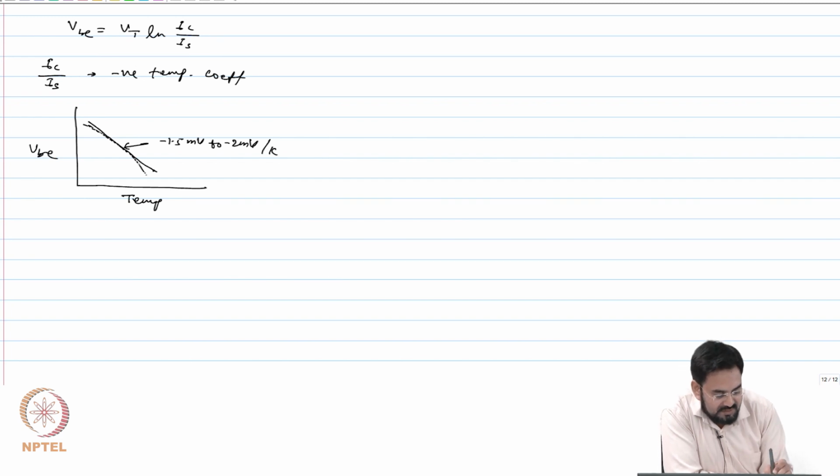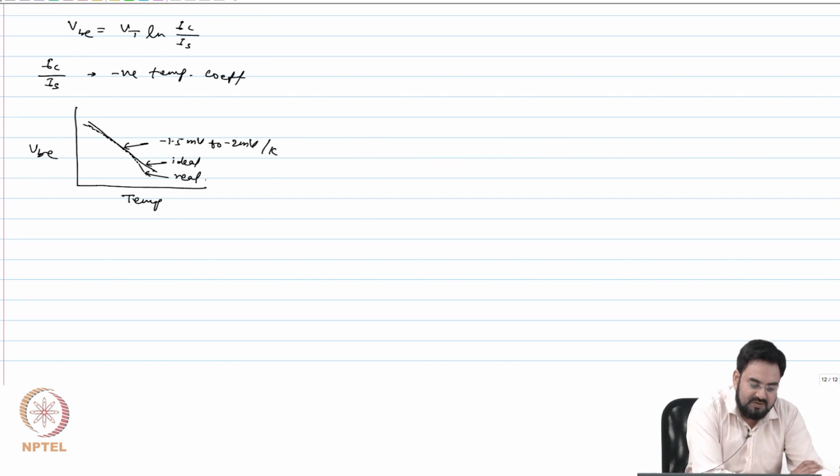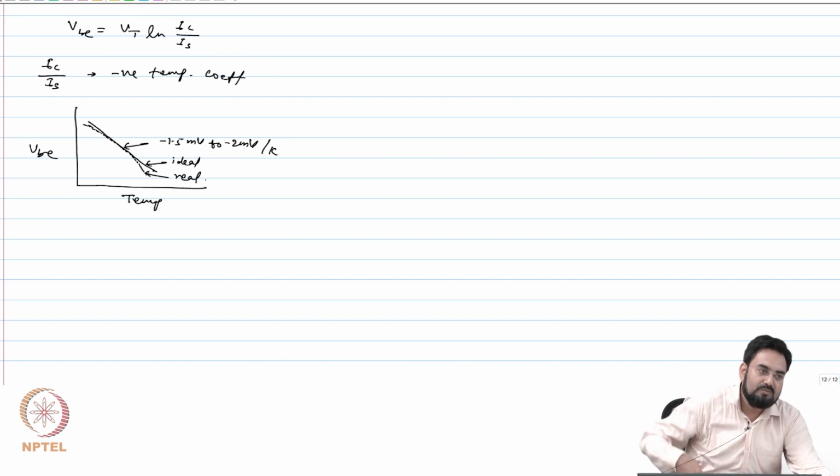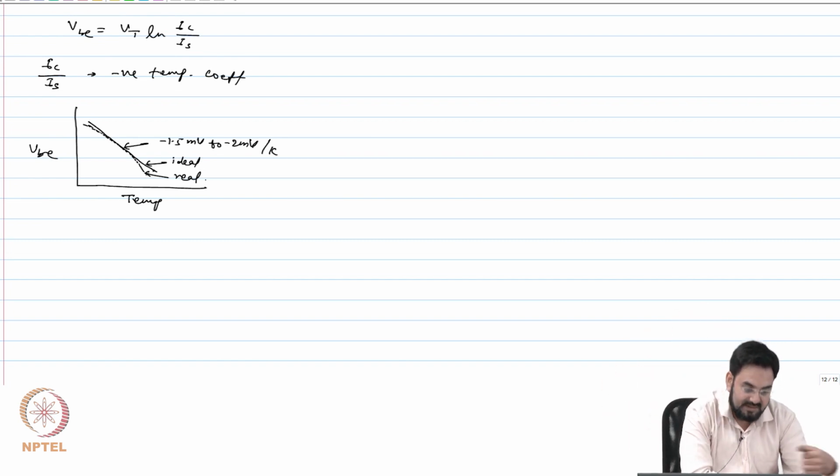So this is your ideal curve and this is your real curve, like a parabola. Most of you who have worked on band gap would have seen the output has a curvature. It is not flat, and that curvature comes from VB, because VT is linear and has no non-linear component.